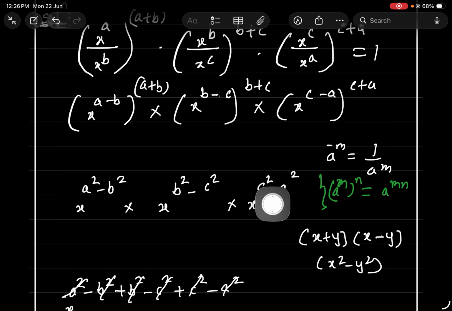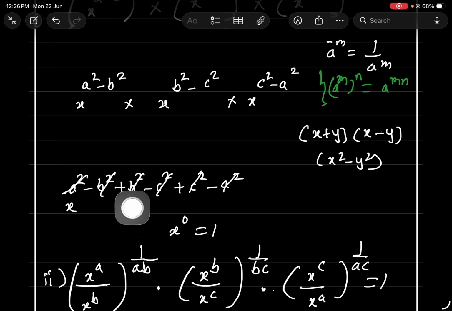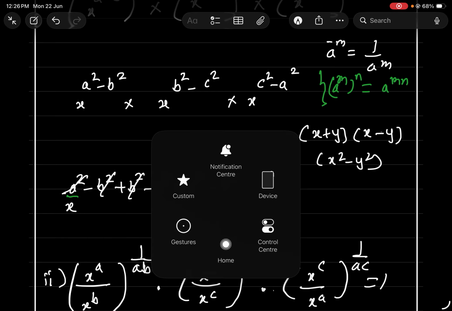Now we see all these indices: a² and minus a² cancel, minus b² plus b² is 0, minus c² plus c² is 0, so the overall addition is 0, and we get x^0.